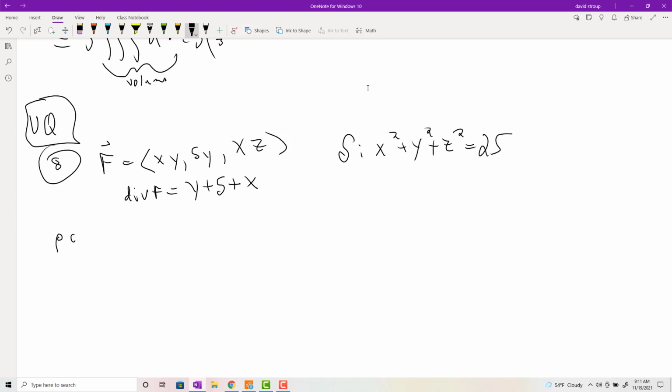Oh yeah, and so I'm definitely going to go to spherical coordinate systems. When you're dealing with spheres, it's easier to use spherical coordinates. It's just the way of the world.